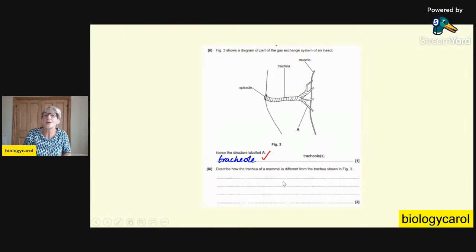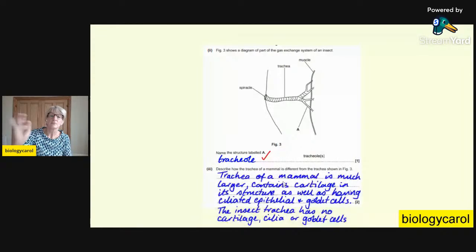Describe how the trachea of a mammal is different from the trachea shown in figure 3. So here we've got to make sure that we have comparative statements about these 2 tracheae. So the trachea of a mammal is much larger. It contains cartilage in its structure, as well as having ciliated epithelium and goblet cells.